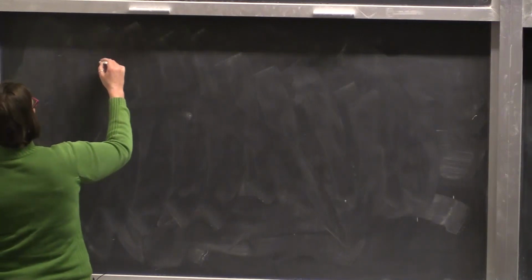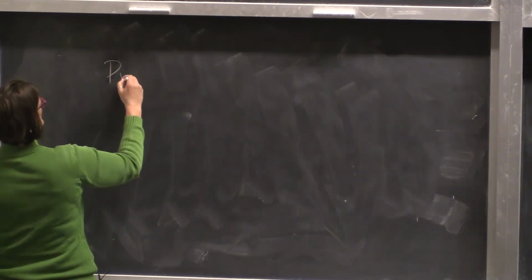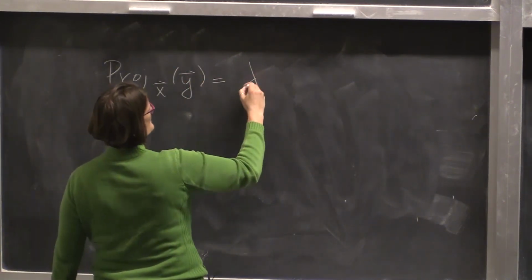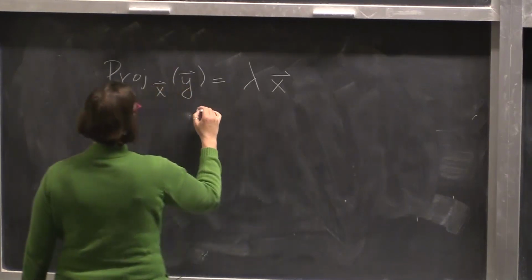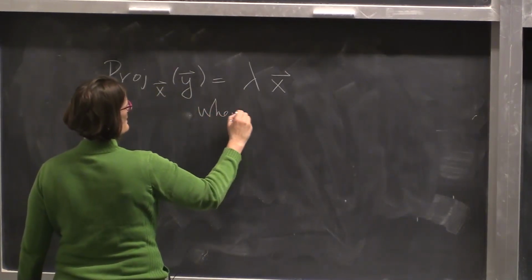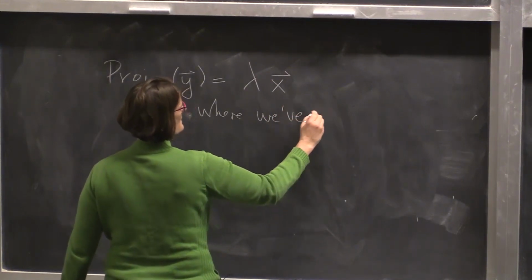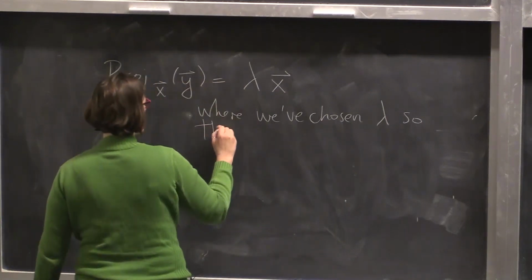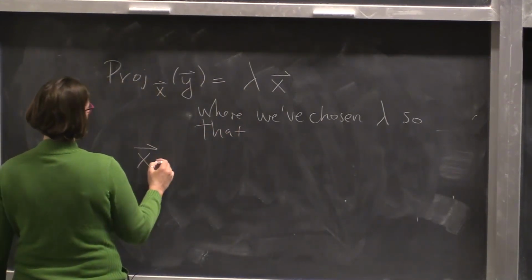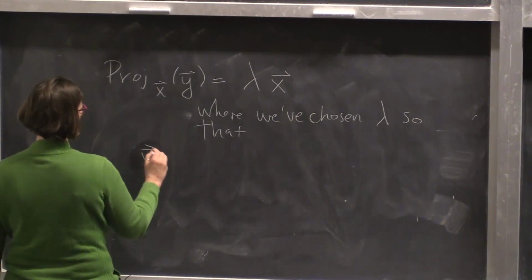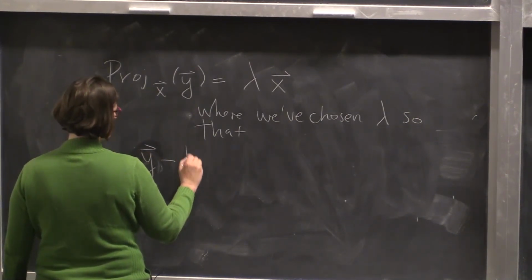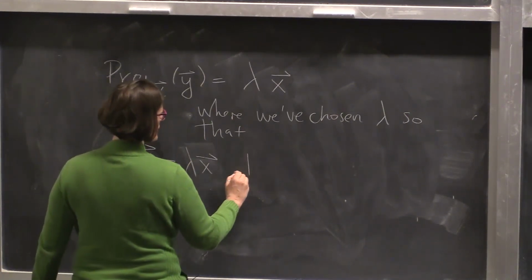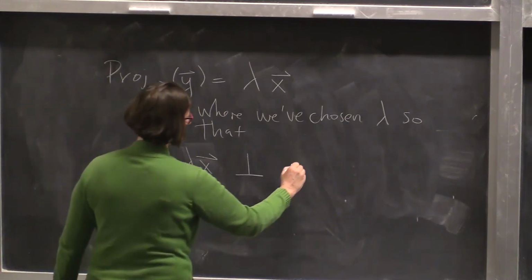So the projection onto x of y is equal to lambda x, where we've chosen lambda so that the vector I'm projecting is orthogonal to x.